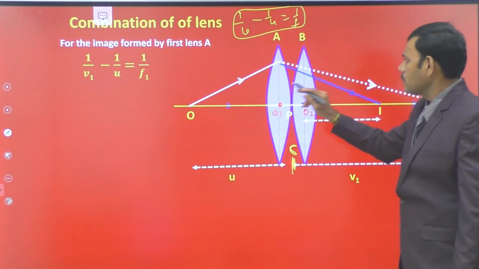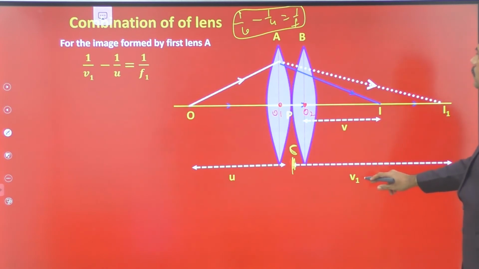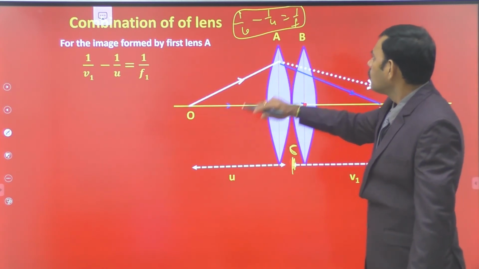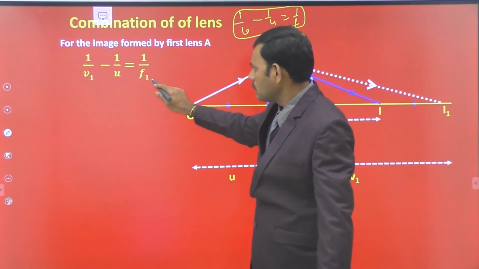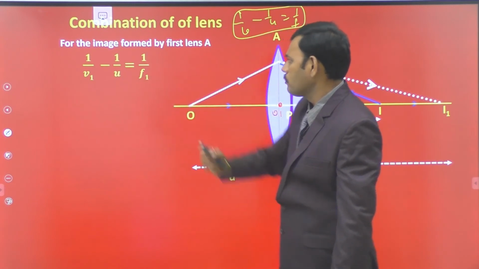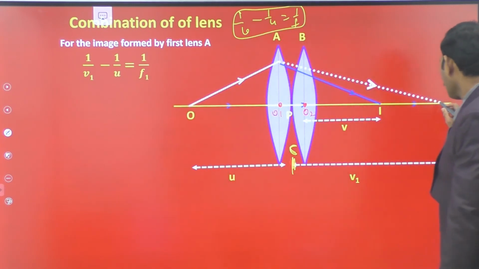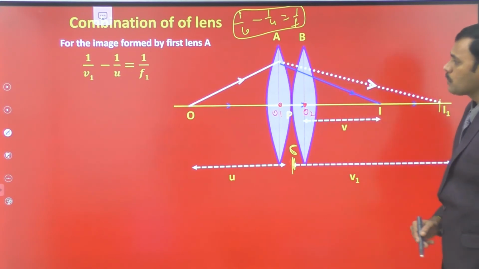Apply the lens formula for the first lens. Image is V1, object is U and focal length is F1. So 1 by V1 minus 1 by U is equal to 1 by F1. This V1 is the image distance of the first lens. That is the same as the object for the second lens, the virtual object.